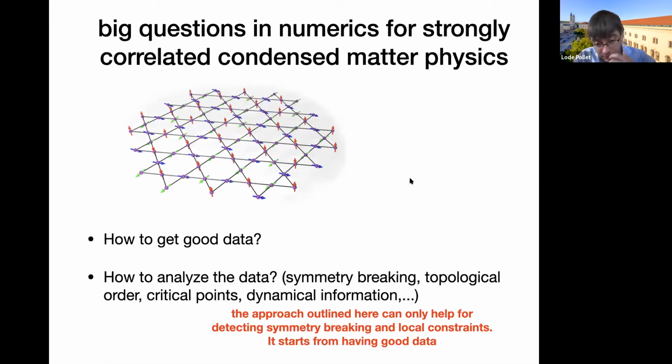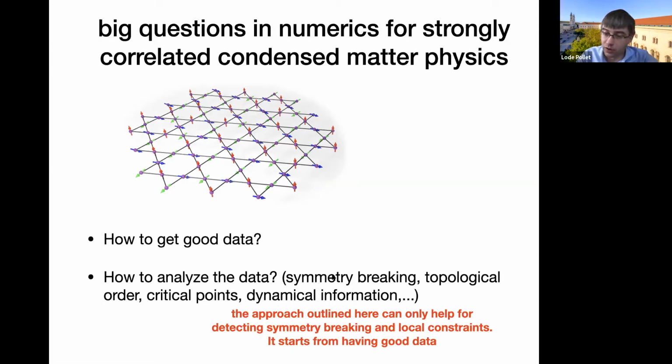Now, I should say, as a kind of disclaimer, the problem we are trying to solve here is about classification of data. So it starts from the fact that you already have good data. And I would agree with you if you say that getting good data is at least as hard, if not harder, than classifying the data. So the problem that we are looking at here is about analyzing data.